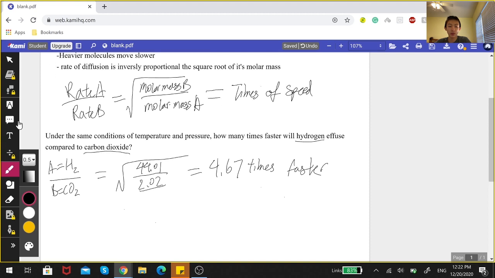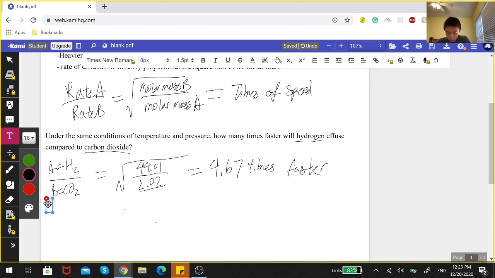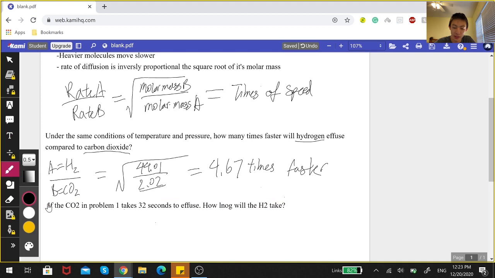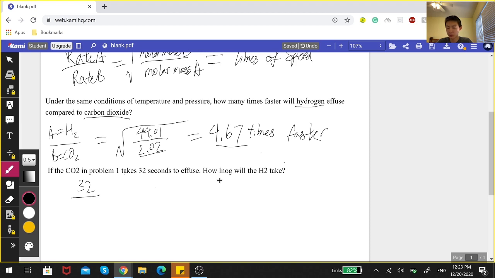Now let's answer a follow-up question. If the CO2 in problem 1 takes 32 seconds to diffuse, how long will the hydrogen take? CO2, which travels slower, takes 32. Hydrogen travels 4.67 times faster, so our number will be about 4.67 times smaller than 32.